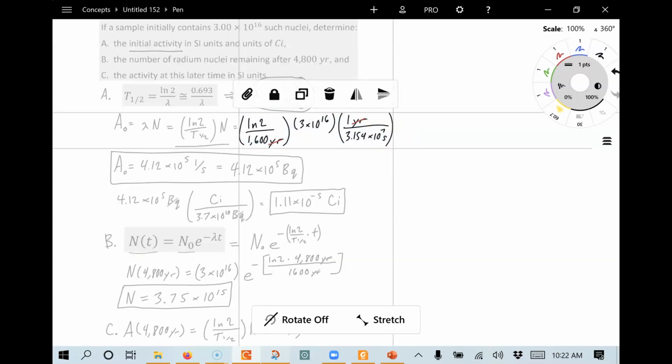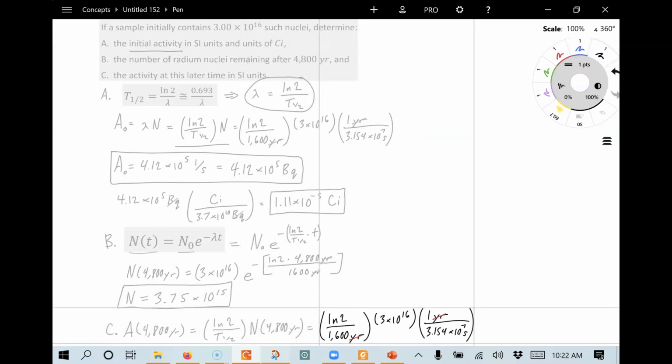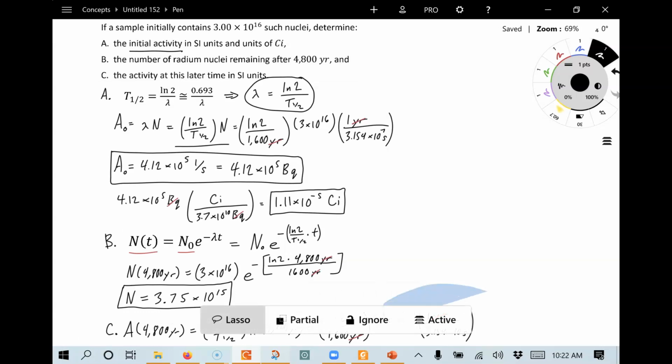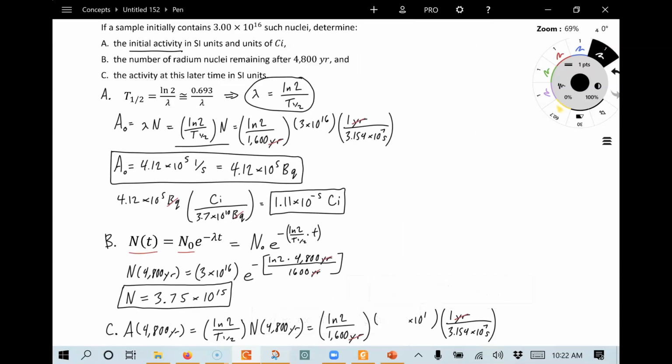We just need to update the number. Instead of 3 times 10 to the 16th, we've got 3.75 times 10 to the 15th.